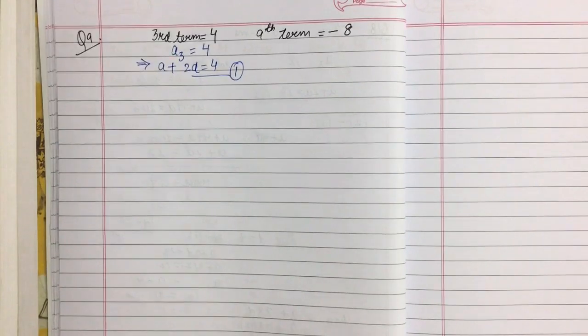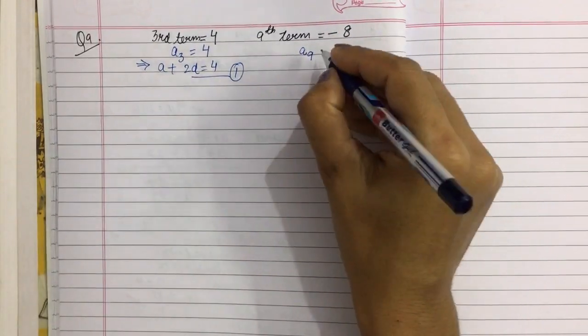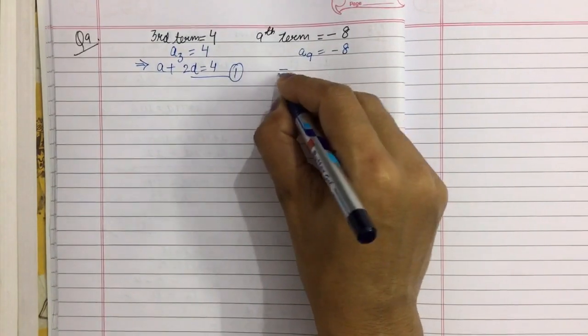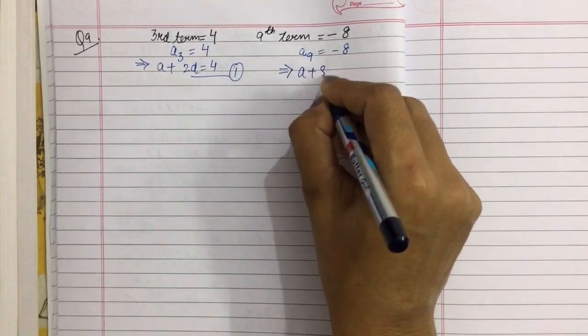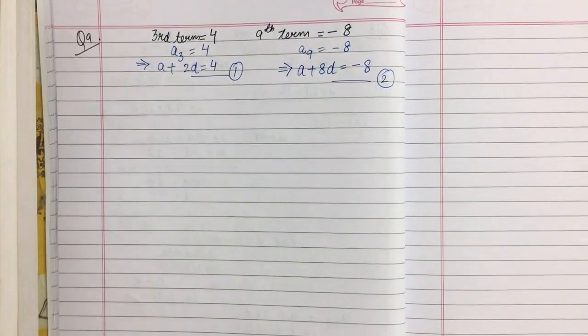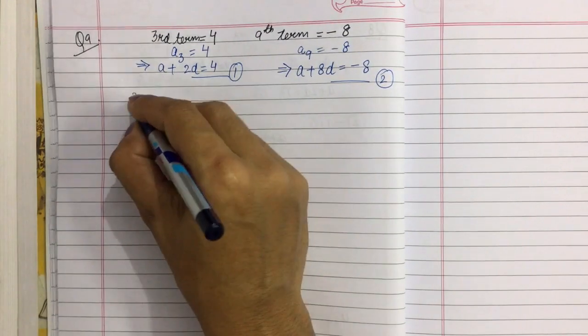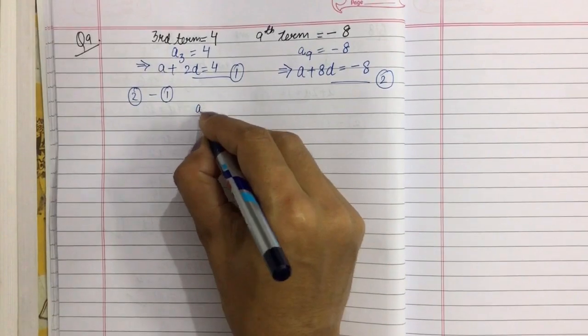Mark this as number 1. 9th term represented as A9, the value is minus 8 and this actually means that a plus 8d equals to minus 8. I've got two equations and the purpose is now to find out a and d with the help of these two equations. I'm going to subtract the two equations.